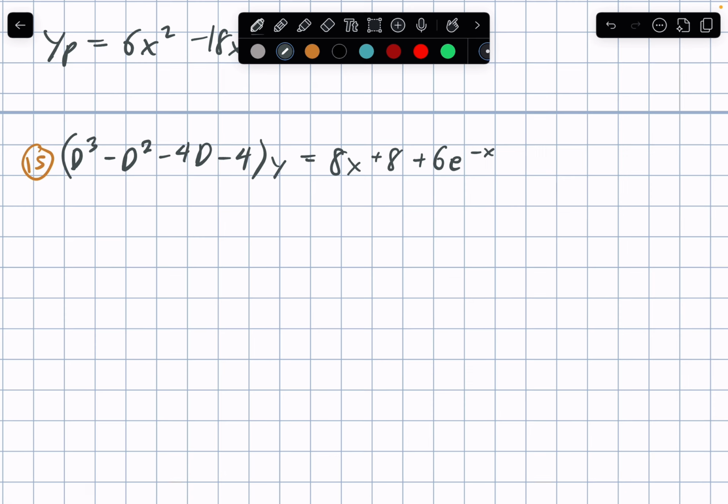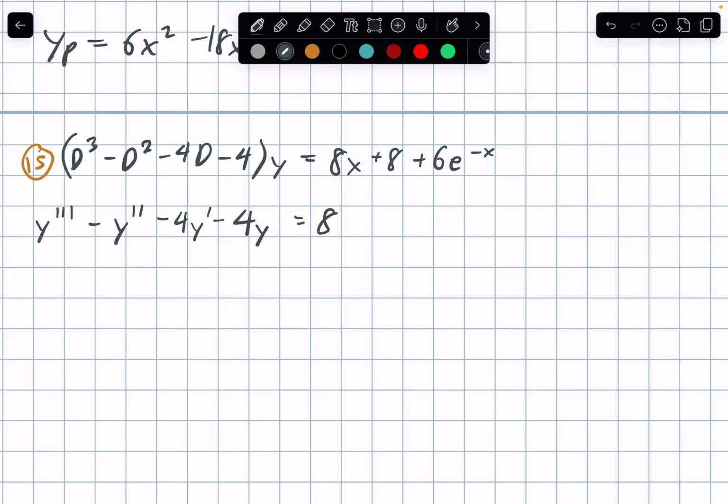Okay, so let's convert. You can also express this as y triple prime minus y double prime minus 4y prime minus 4y. Here you go.